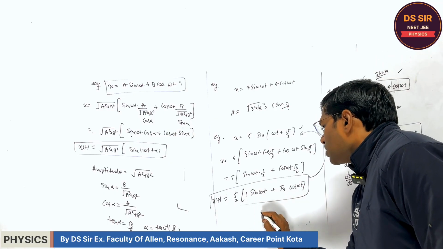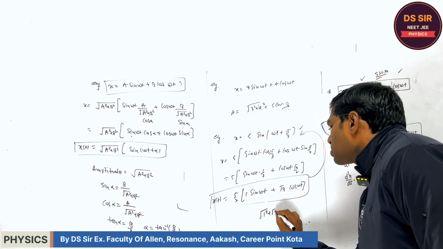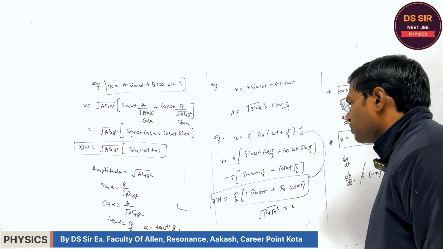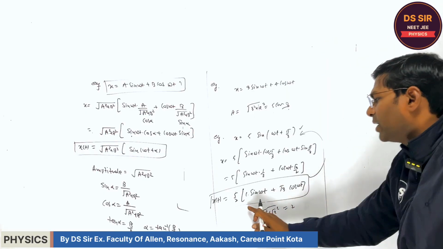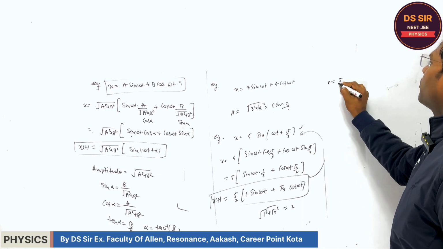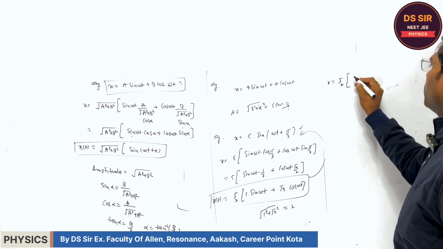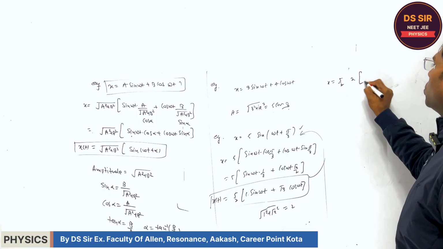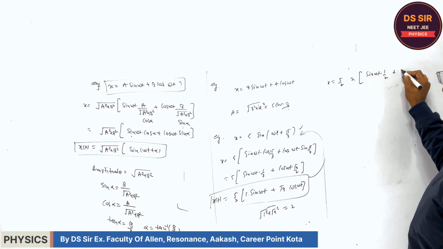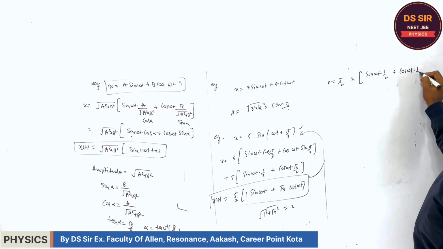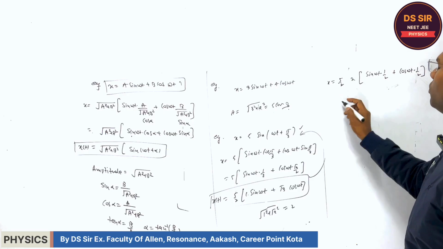So root over 1 square plus root 3 square is equal to 2. You have to multiply and divide by 2 in the numerator and denominator. It is 5 by 2 multiplied by 2, sin omega t into 1 by 2 plus cos omega t into root 3 by 2. So 2 will cancel out.